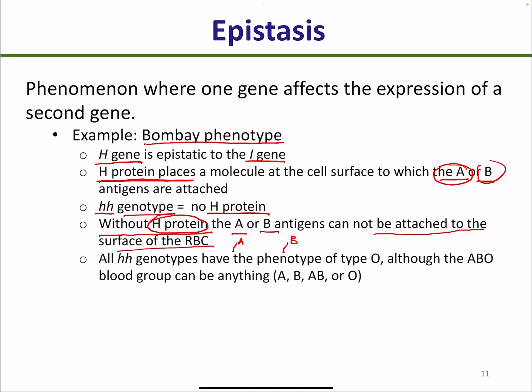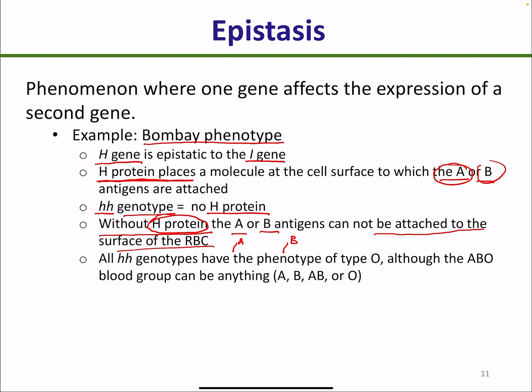So mind that an individual is still capital IA or capital IB, but without the H protein, the A or the B is not going to be attached to the surface. As a consequence, the individual is going to develop a type that doesn't match its genotype. Let me repeat that.